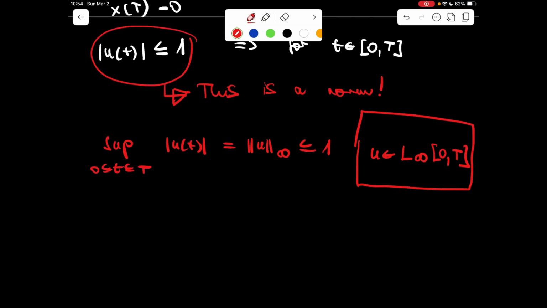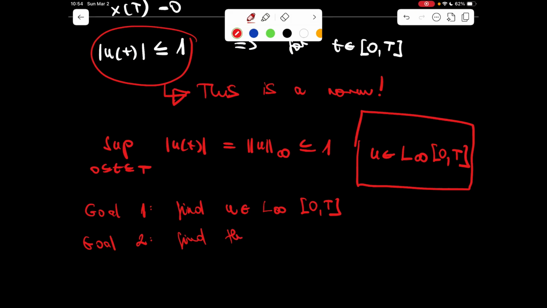This is one goal. Goal one: find u in this function space. And goal two: find the minimum time, which we denote by T min.